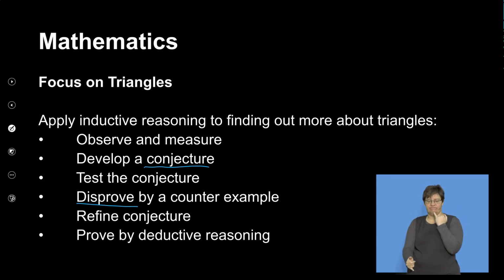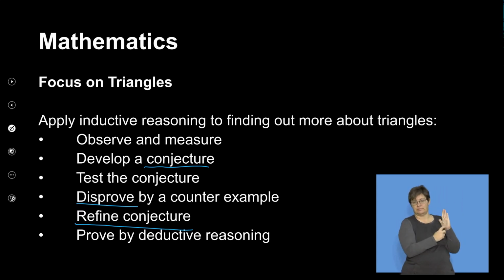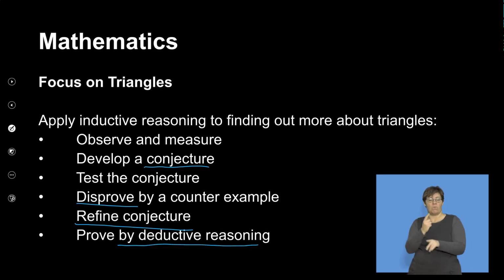Then you would need to go back and refine it, meaning refining would simply be a process where you say, okay, if we can fix this concept, this line must always be in this nature, this angle must always be in this nature, then we use deductive reasoning to prove what we've just tried to put as a conjecture.